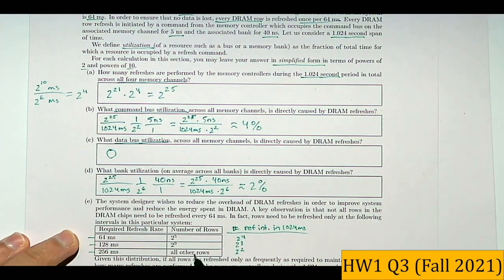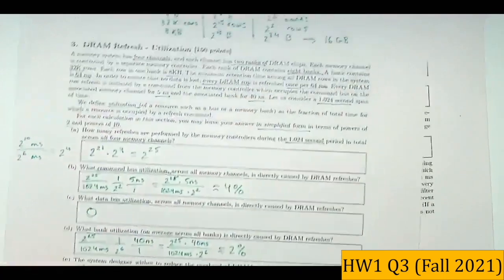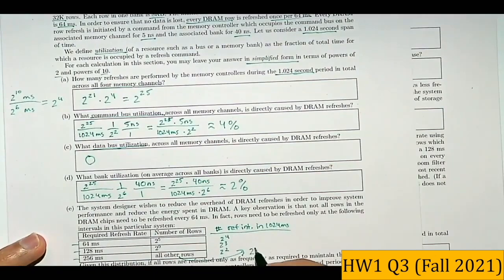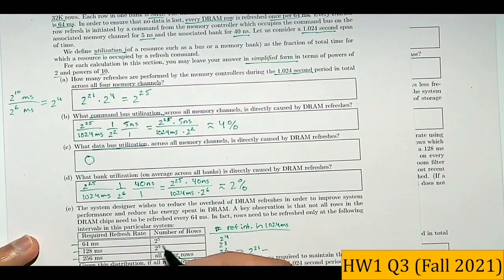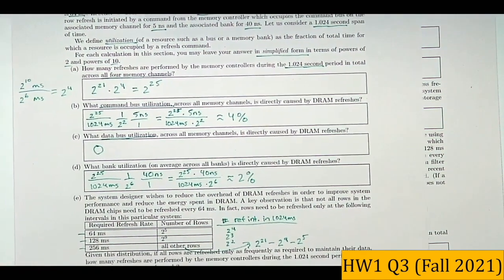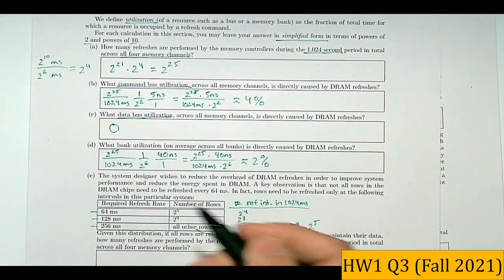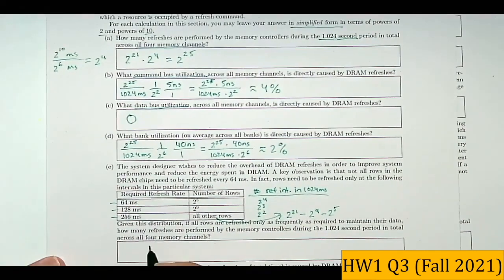To figure out what that last value is, we know the total number of rows in the system was 2 to the 21. So we can simply write this as 2 to the 21 minus the rows that are specified, so minus 2 to the 9 minus 2 to the 5. Now we have all these quantities, and figuring out how many refreshes are necessary during this period is just multiplying those values through. It's nothing too complicated.